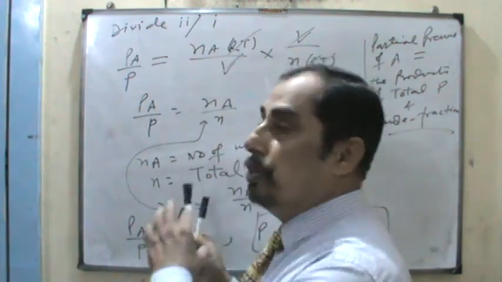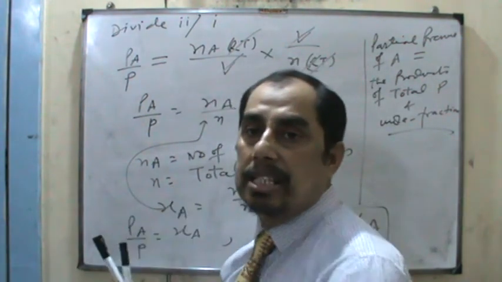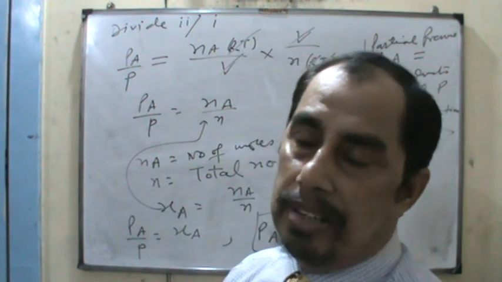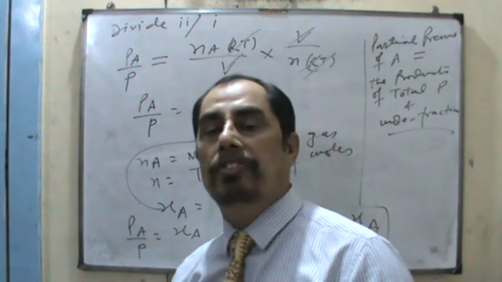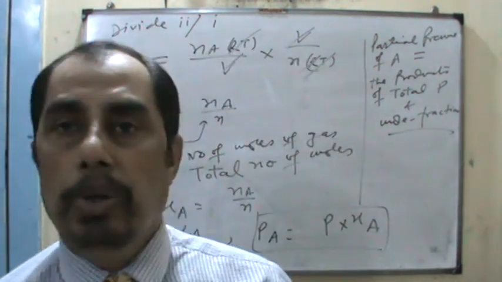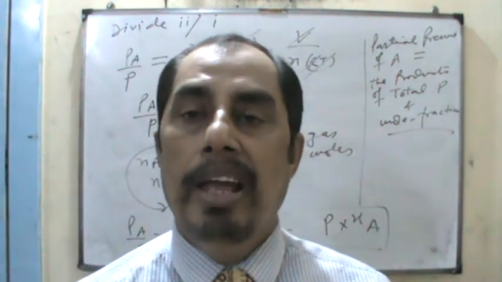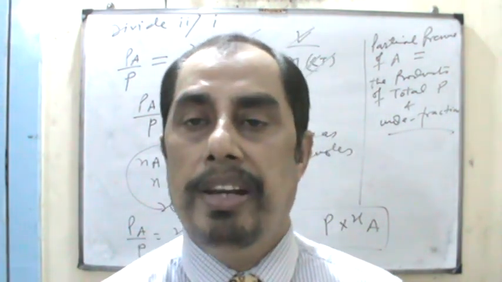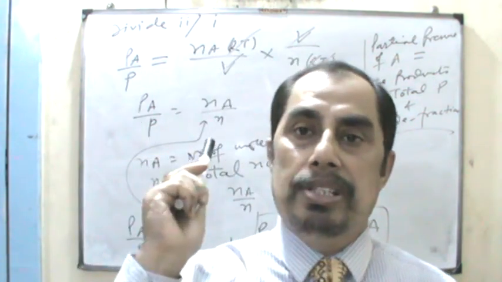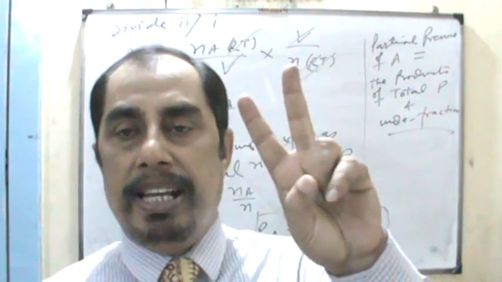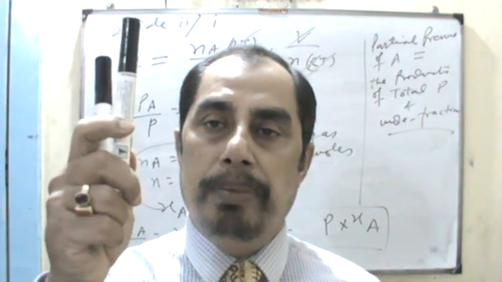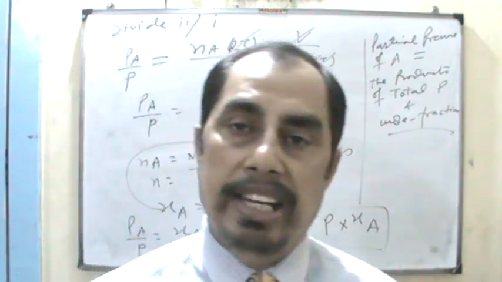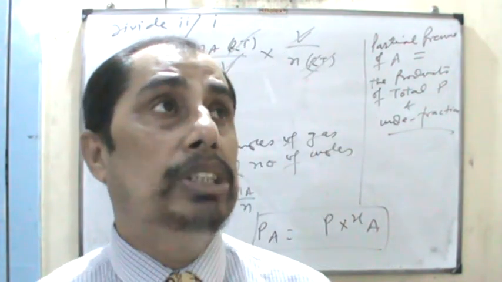I have explained Boyle's law, Charles' law, Avogadro law, ideal gas equation, unit of R, numerical value of R, how to derive the ideal gas equation, as well as Dalton's law of partial pressure and its two applications. One is the relation between mole fraction and partial pressure, and the other is how to calculate the aqueous tension of water.